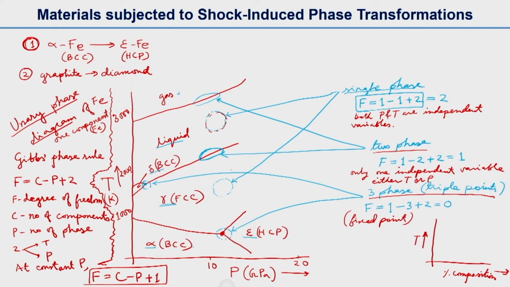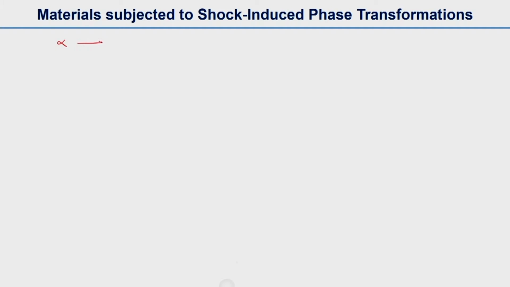So I am sure that you all studied these in your material science course, but just to remind you all for our phase transformation chapter. Now this alpha to epsilon phase transformation was first reported by Bancroft and others in 1956.